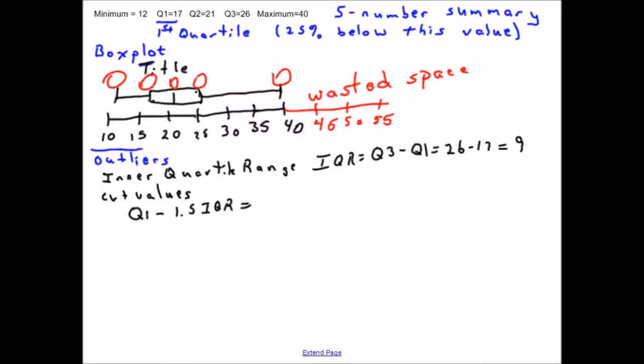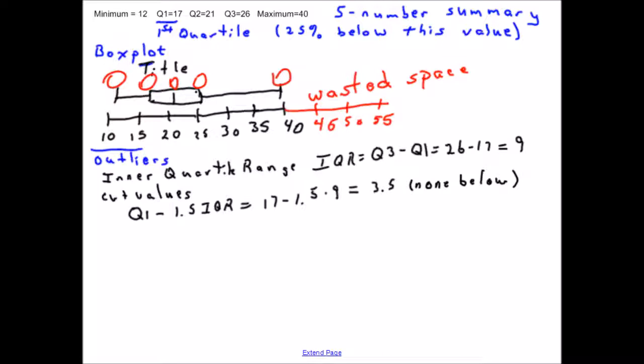So Q1, 17 minus 1.5 times 9, and that happens to be a 3.5. Anything less than 3.5 would be an outlier. There are none below. There are no extreme values on the lower end of this data set.